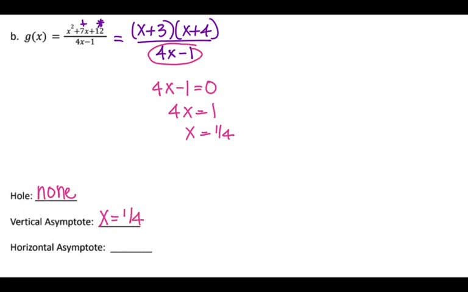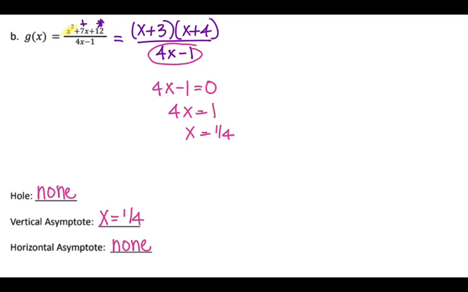Now for my horizontal asymptote, again, I'm going to go ahead and look at my dominant term. So my dominant term in my numerator is x squared, and that is higher of a degree than what I have in my denominator. So that means this does not have a horizontal asymptote. So that is none.